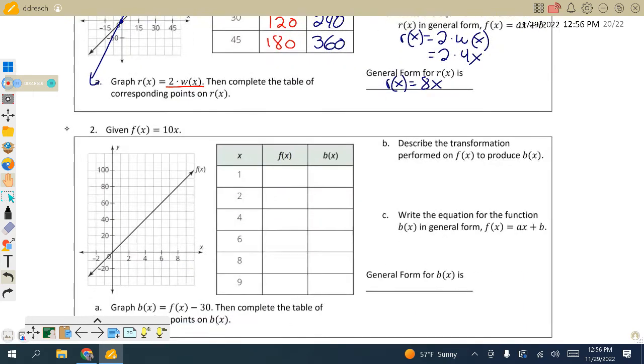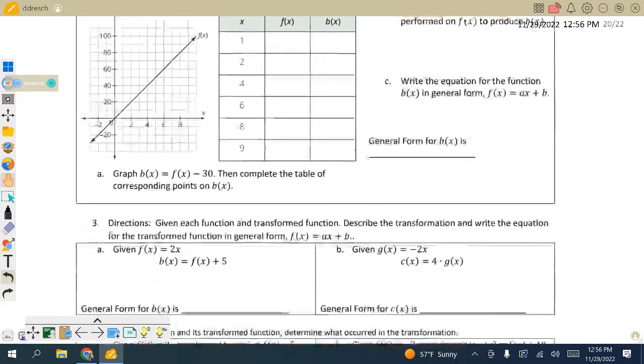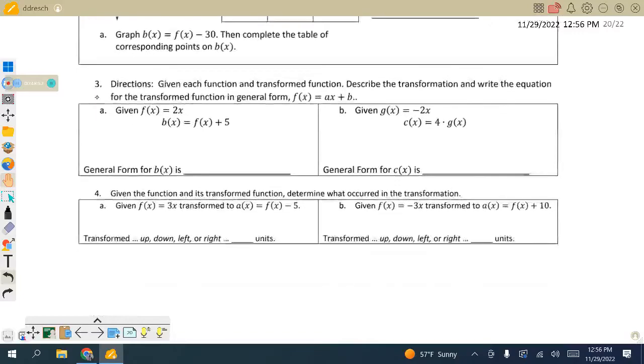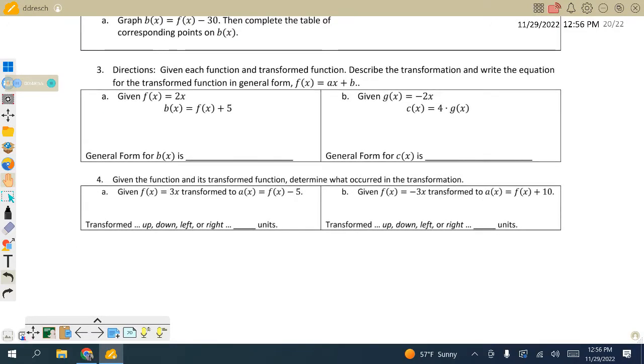All right, I'm going to leave you on number 2 to try your own. Let's take a look down here at the bottom of number 3. Let's do A together, and then we'll do another one together here. On 3A, what we just did a second ago, okay? We want to take that original graph, 2x, and what does this say we want to do here?